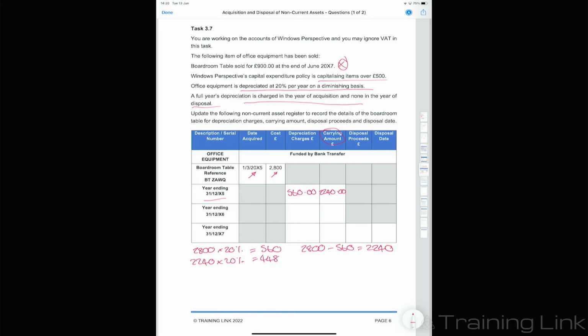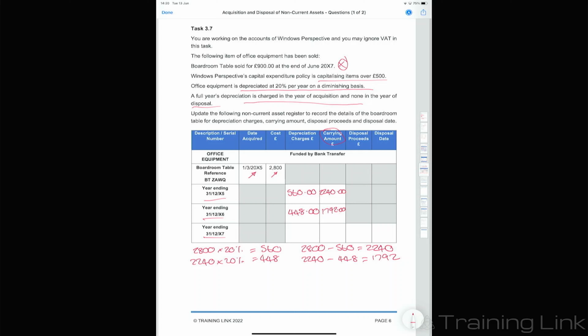So that would be the depreciation charge for the end of that year. And then we can do 2,240 minus 448 to get a carrying value of 1,792.